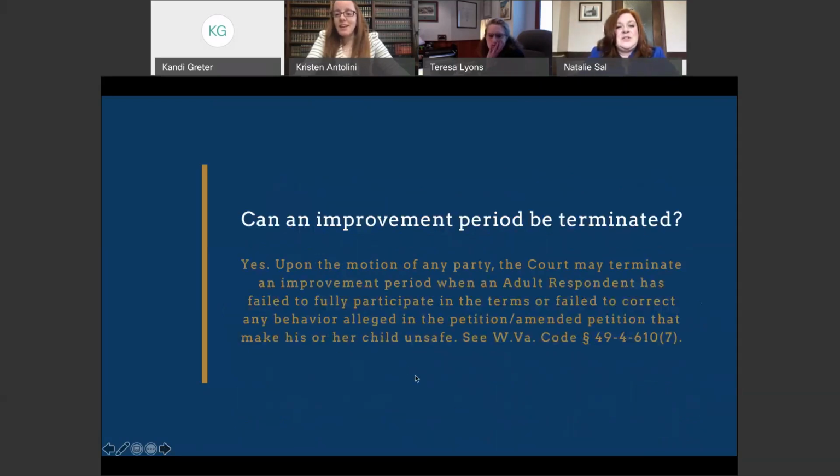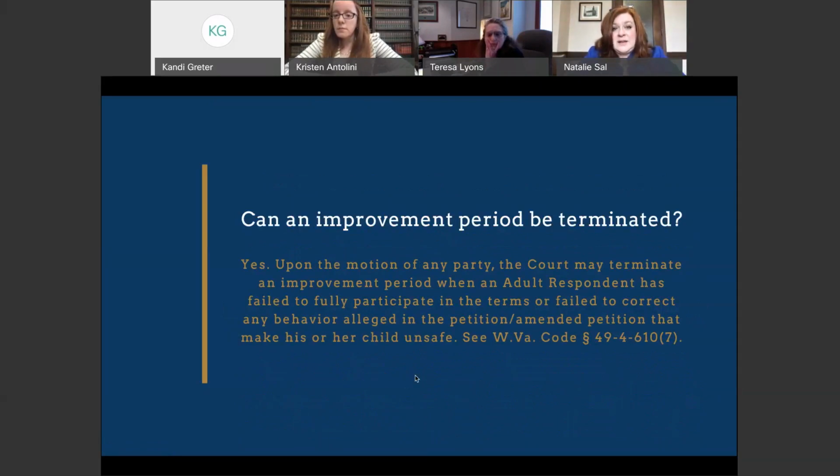I do want to say one thing about improvement periods being terminated and address one quick thing that Pam Kaler posted as well. But with regard to improvement periods being terminated, they can be terminated. Judges will terminate them if an adult respondent is failing to participate.